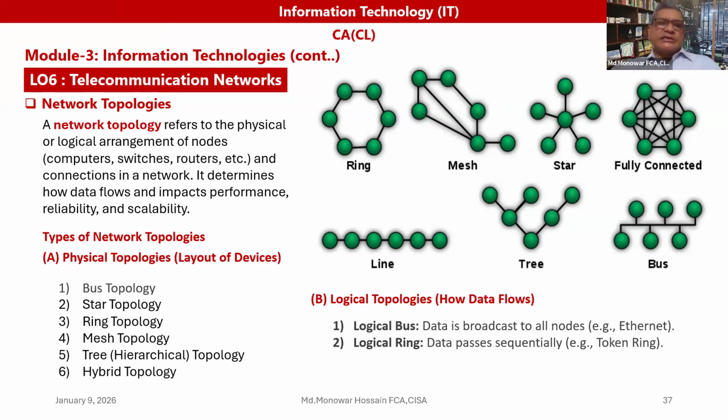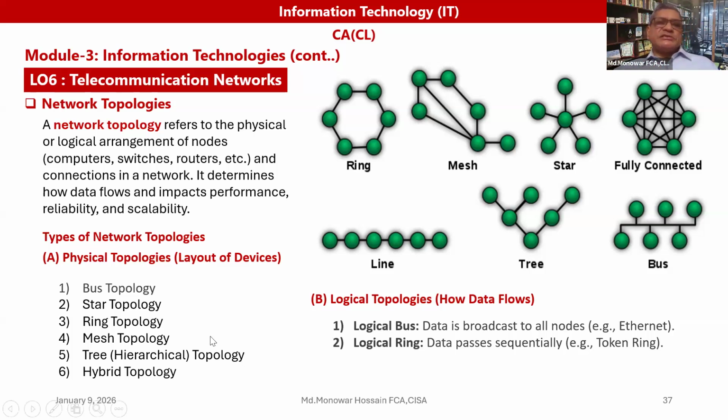And if you see here, there are different types of network topology. One is physical topology, another logical topology. Physical means layout of devices, and logical means how data flows.